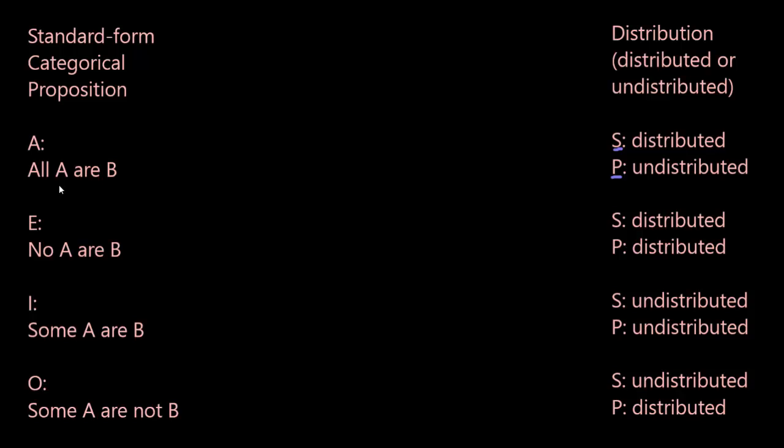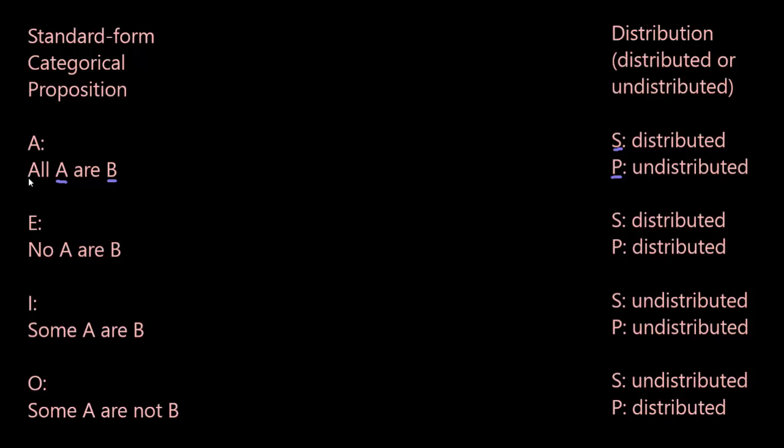And of course, in all of our cases here for our A, E, I's, and O's, the A's will be our subject terms and the B's will be our predicate terms. We say that a term is distributed when the categorical proposition makes an assertion about every single thing that term denotes.